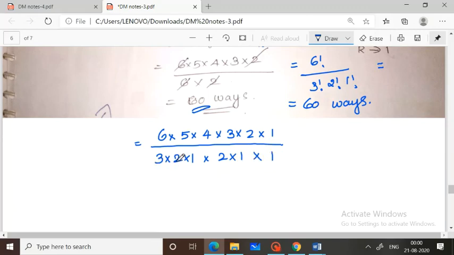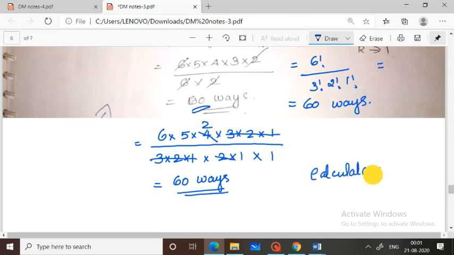So 3 into 2 into 1, here also 3 into 2 into 1. Now 2 and this 4 get cancelled. So 6 into 5 into 2, that is equal to 60 ways. You can write in this way, or use your calculator and find the answer very easily.